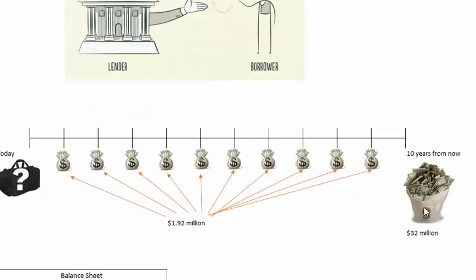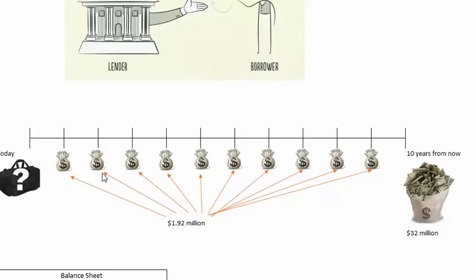Way out here, they have to repay $32 million. And if we're on this side of the transaction, as the lender, we're trying to determine how much money am I going to put in this duffel bag and give you today, if you will give me all of these series of cash flows in the future in this one big cash flow.